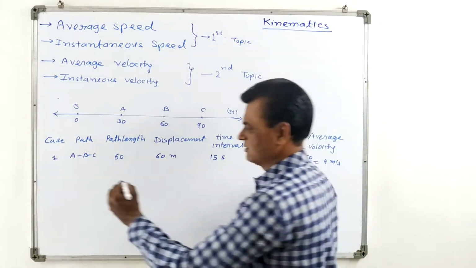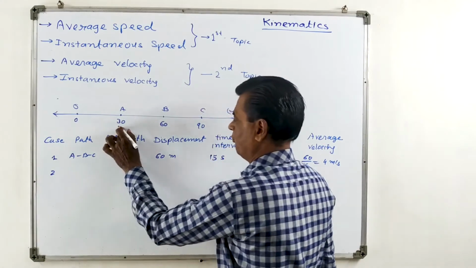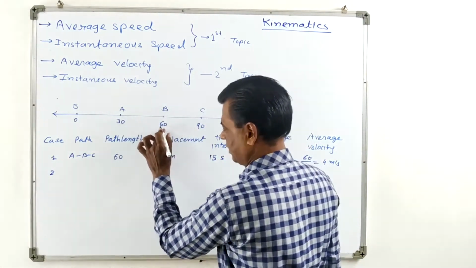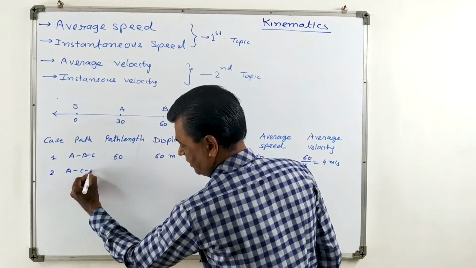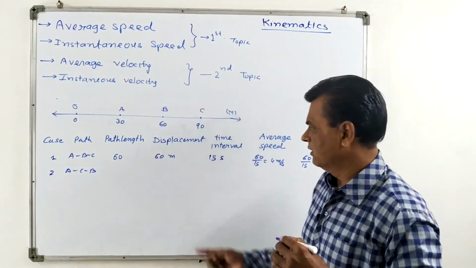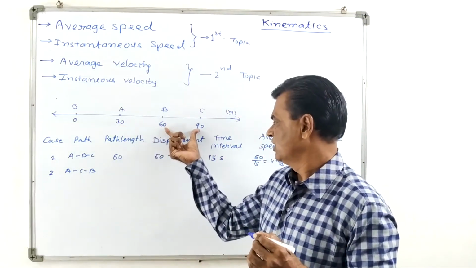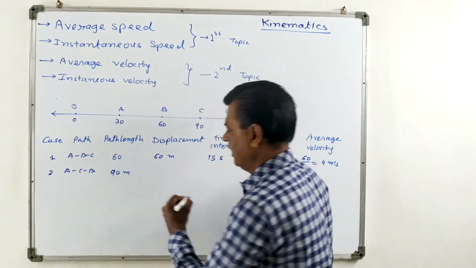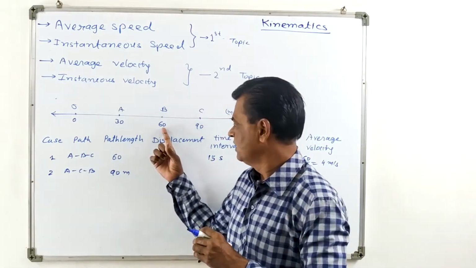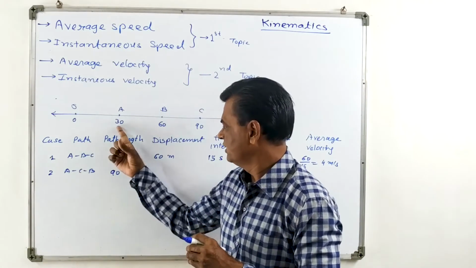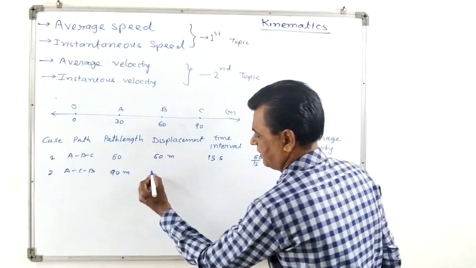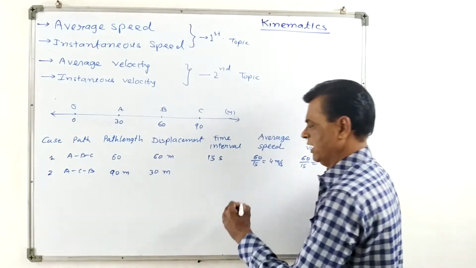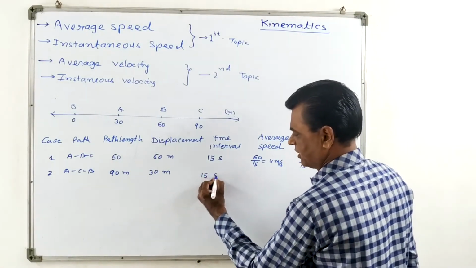Now in the second case, suppose the car starts from point A, reaches C and comes back to B. A, C, B. Here the path length is 30 plus 30, 60, plus 30, 90. So 90 meters is the path length. And for displacement, the final position is B, 60, and the initial position is A, 30; 60 minus 30, so 30 meters is the displacement. Suppose the time taken is also 15 seconds.